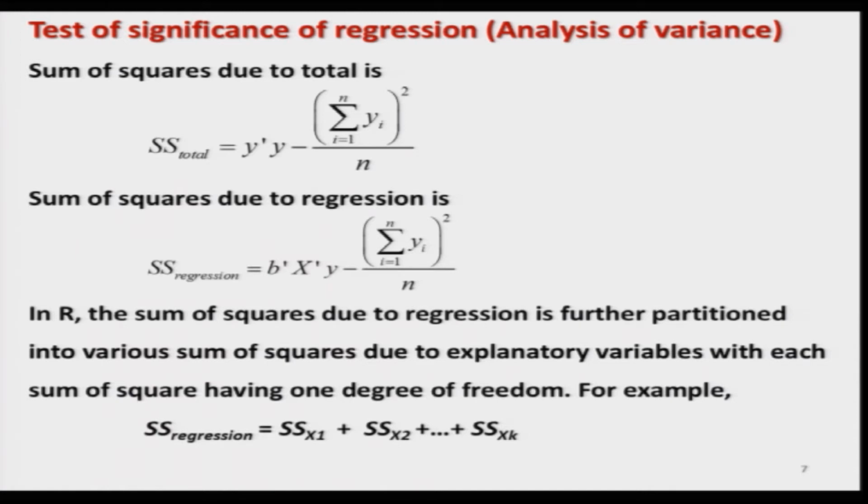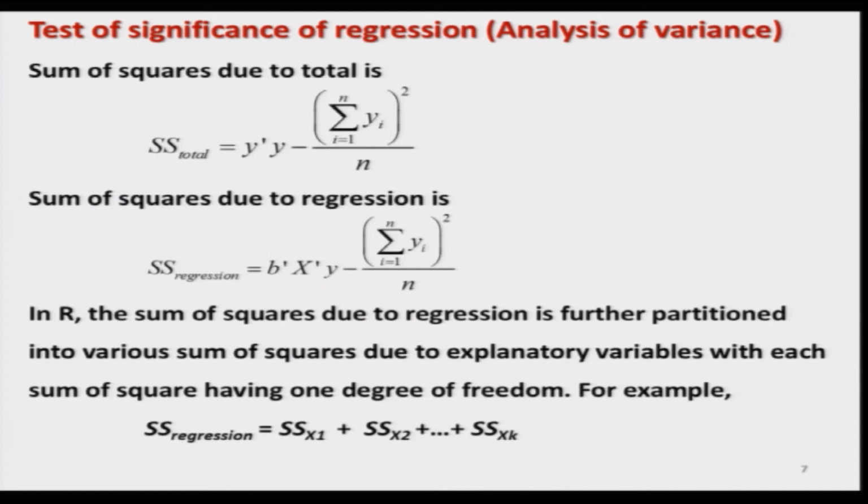So, keeping in mind the utility of ANOVA, I am skipping the proof and giving you the details of the steps and the expressions used in the analysis of variance. Those who are interested can go to the lectures on regression analysis. I had given some lectures which are available on the NPTEL site in PDF format. You can look into those lecture notes where I have given the complete proof of the analysis of variance step by step, right.